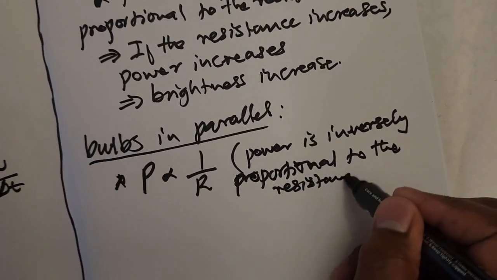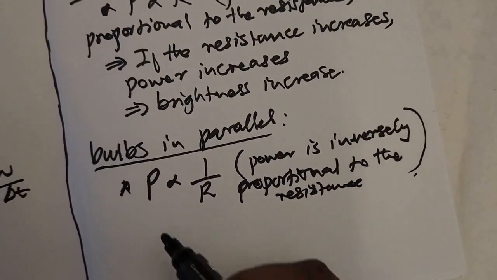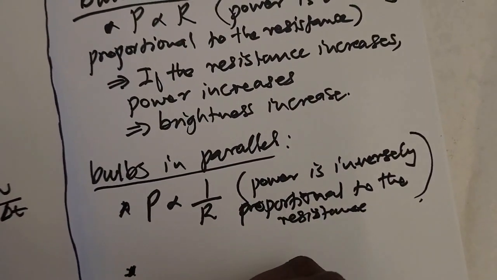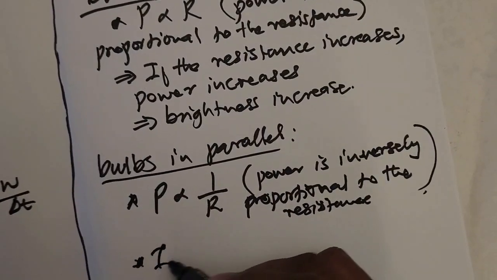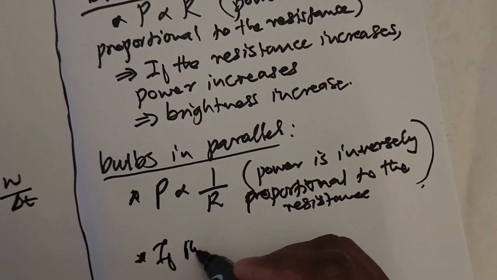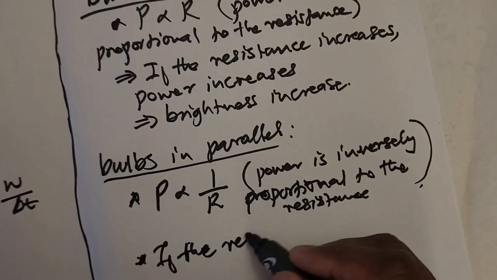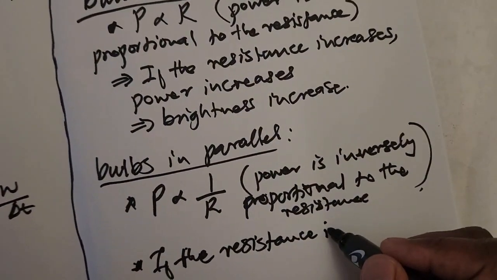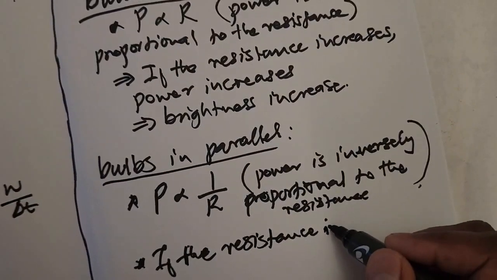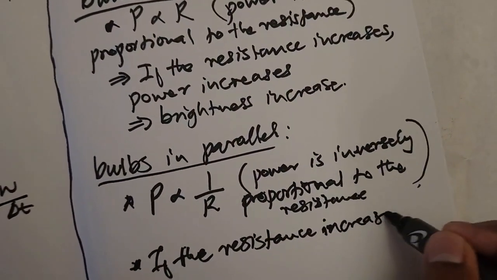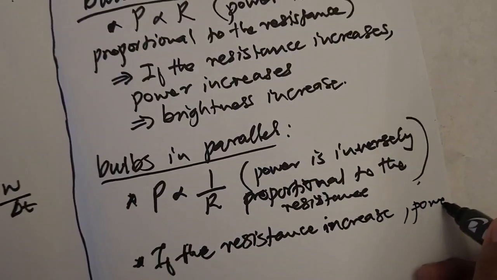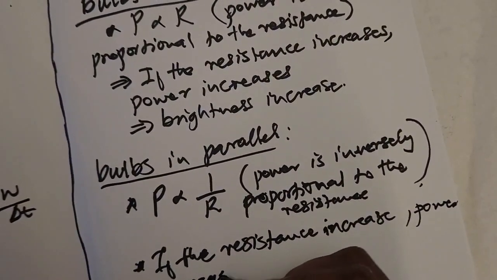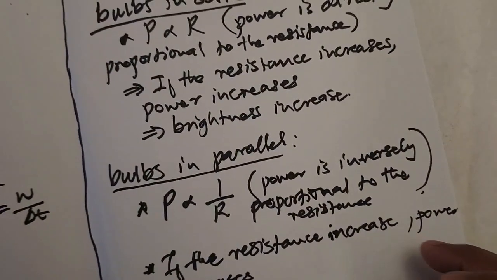Please note that if we are connecting resistors in series, what does this mean? It means that now if the resistance increases, the power decreases.